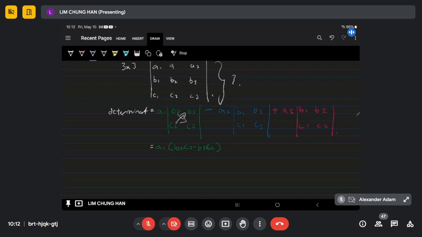Okay, and then the second term is minus A2, and the determinant is B1 C3 minus B3 C1, and the last term is plus A3 times B1 C2 minus B2 C1. Okay, so that's your determinant.